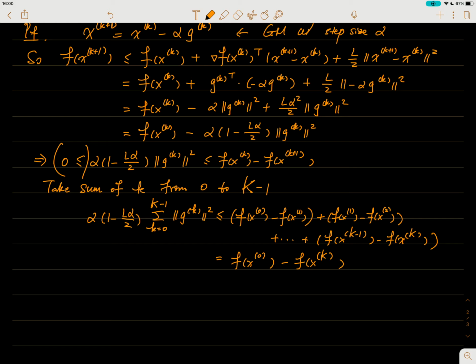And whatever we get, it cannot be smaller than the optimal function value, right? Because the optimal function value is the minimum.